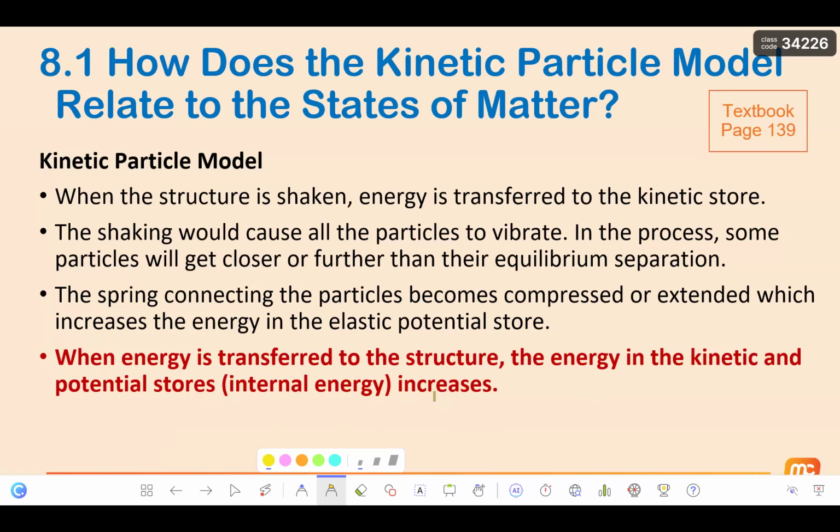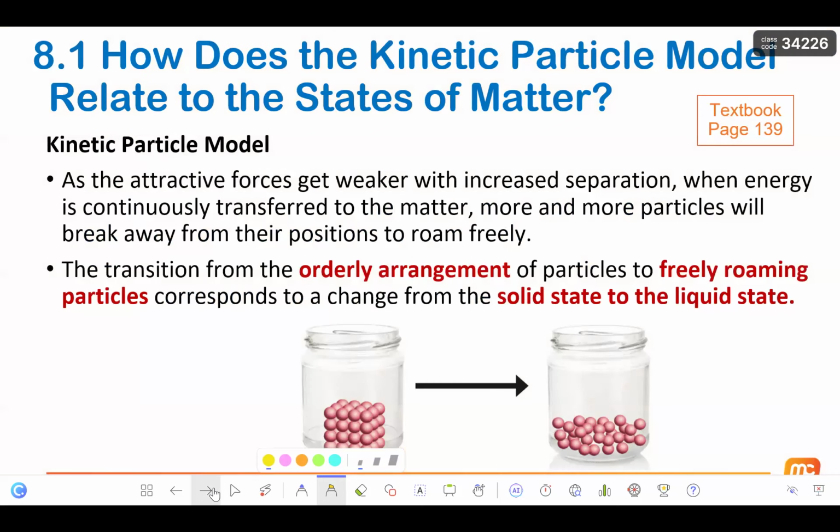So energy goes in, it goes into two parts, either KE or PE. And similarly, energy comes out from either the KE or PE. The KE and PE is the total amount of energy that a solid, liquid, or gas has inside it, the internal energy.